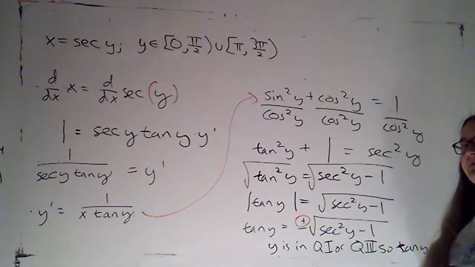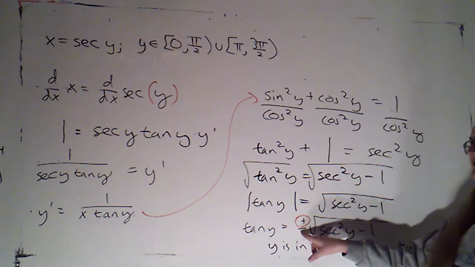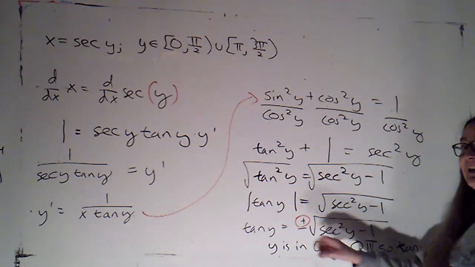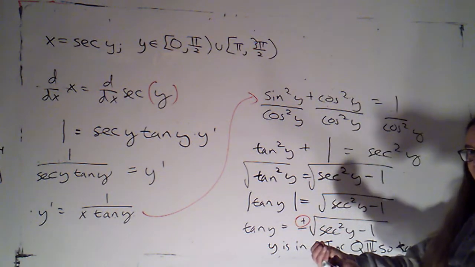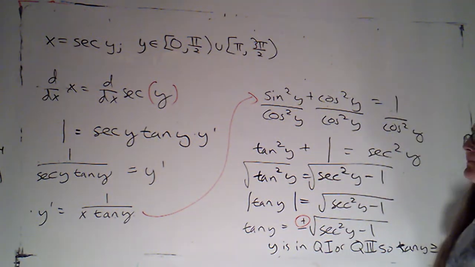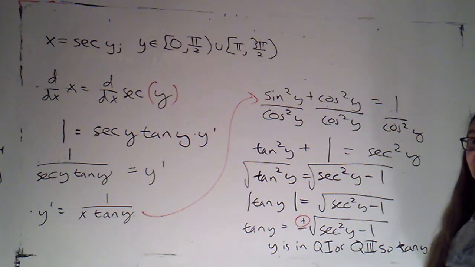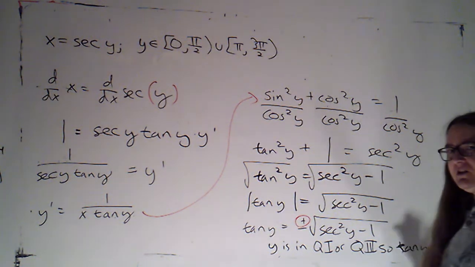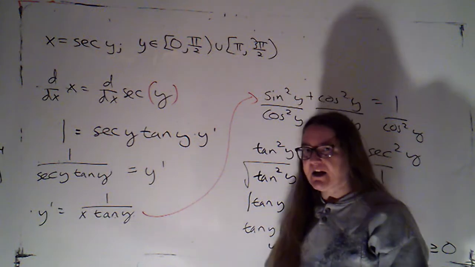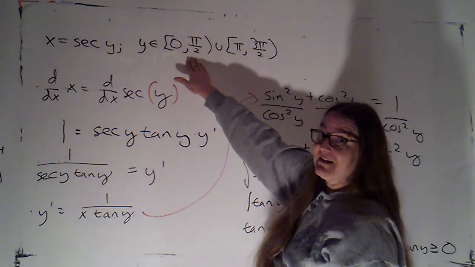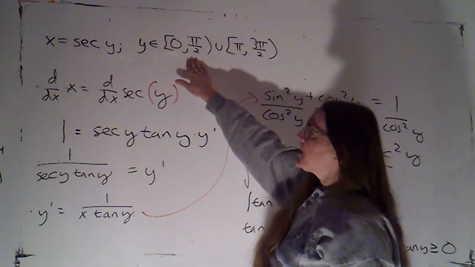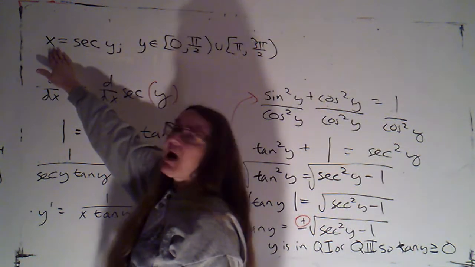If we had made the other choice, tangent of y would have been negative in quadrant 2. And so we'd essentially have a piecewise formula for our derivative. We'd initially write it as a piecewise function, taking the positive root if y is in this interval, which would correspond to x being positive.